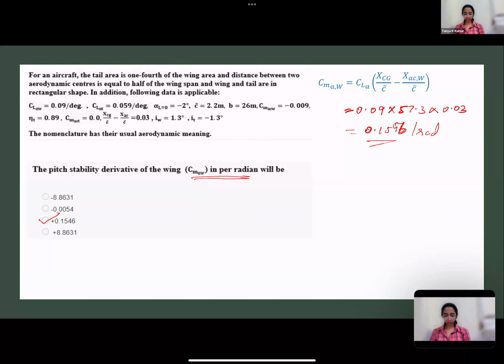Okay. So is the wing contributing towards stability, or is it not? Your CM alpha, the wing contribution, is stabilizing or destabilizing?